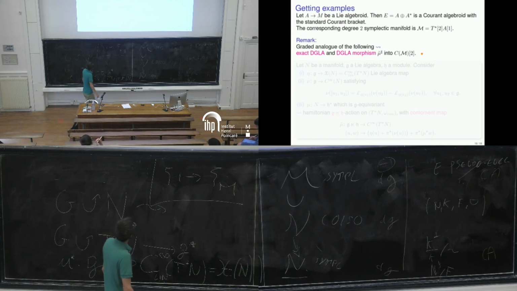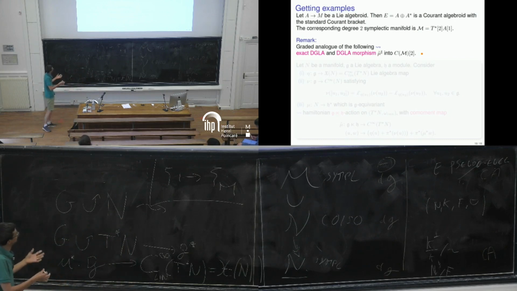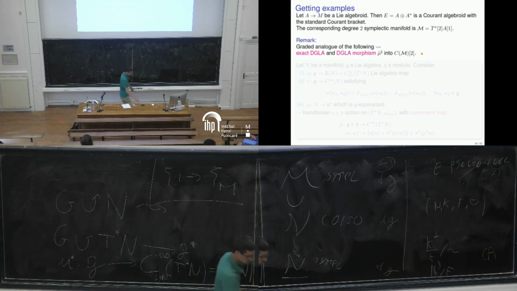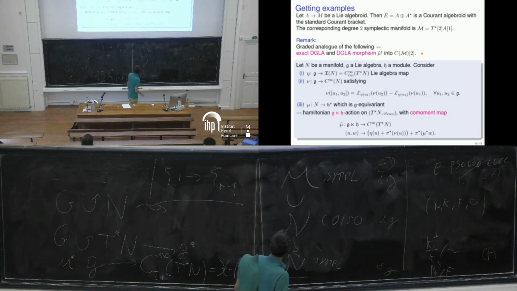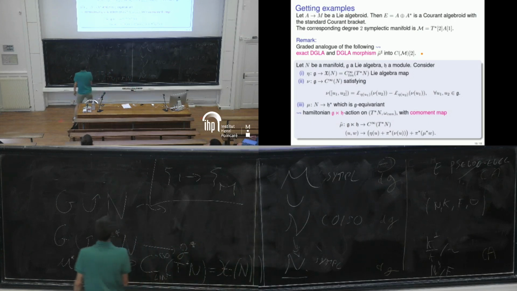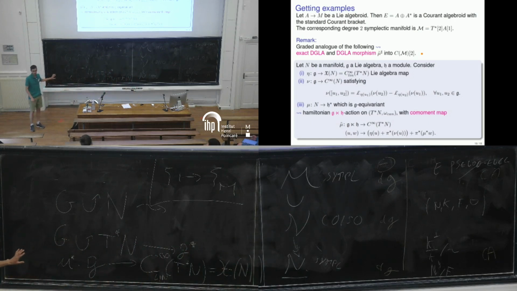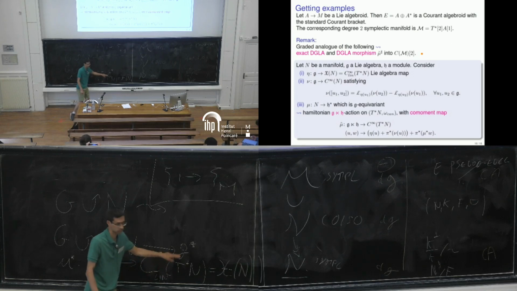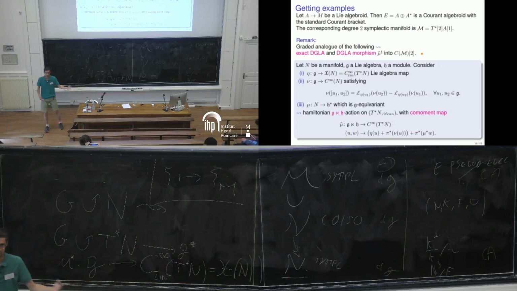So my claim is that by doing the graded analog of a variation of this, we recover many examples of DGLA morphisms and exact DGLAs. And the variation is the following. I'm sorry that there are so many formulae, but let me tell you what the main point is. It's basically this stuff here, but allowing not only fiber-wise linear functions on the cotangent bundle as components of the moment map, I also have some fiber-wise constant functions, that are constant on the fibers.